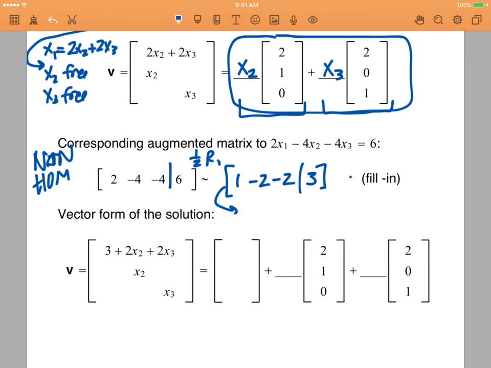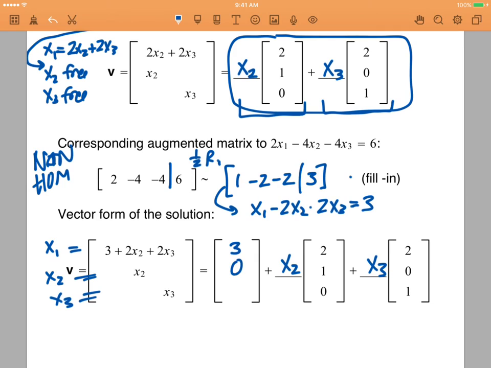And the only thing I'm going to rewrite this time is this first equation, x1 minus 2x2 minus 2x3 equals 3, which means when I solve for x1, I get this guy as written, and then x2 equals itself, x3 equals itself. Okay, so now when we pull out the x2 and the x3, here's the x2, here's the x3, and now we have some constant terms, which is just 3 and 0 and 0.